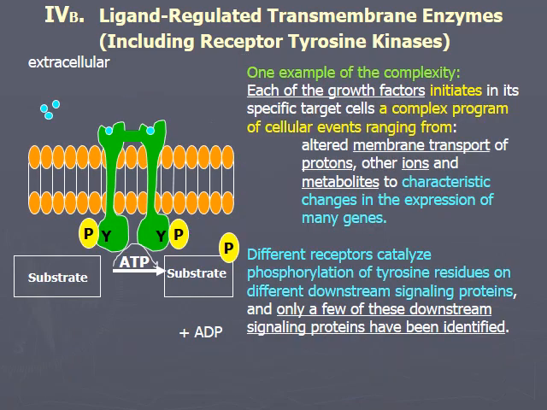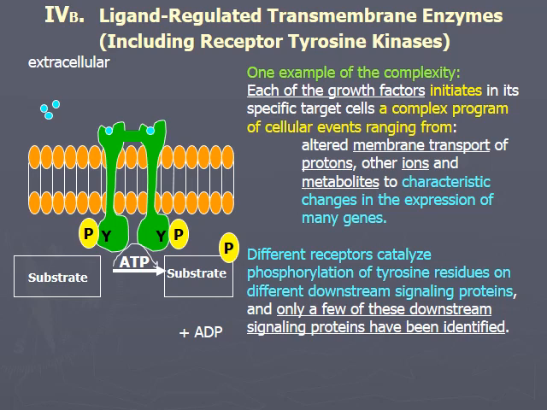And so what is the phosphorylated substrate going to do? Well, it depends. Phosphorylation of substrates in various tissues may have different effects. I'll just use one example since we're talking about insulin. But we can see lots of things. We could see altered membrane transport of protons or other ions. We can see altered membrane transport of certain metabolites. We can sometimes see phosphorylated substrates going into the nucleus and affecting gene transcription.